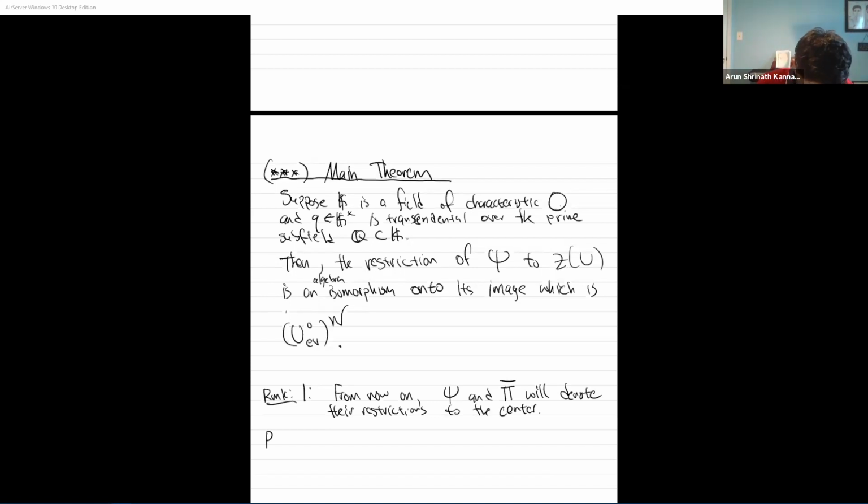And then remark 2 here is that we have this technical assumption. Suppose K is a field of characteristic 0 and Q is transcendental over the rationals. We can actually weaken that and just require that Q not be a root of unity. But we won't show that today. Okay. Arun, you could write this remark down. Oh, yes. Right.